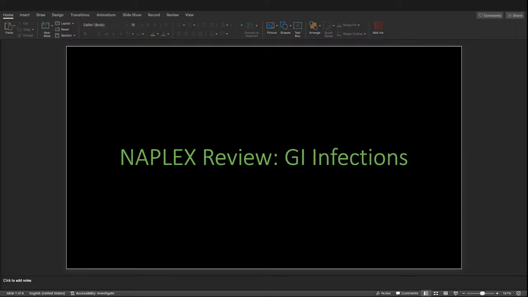Now, H. pylori is an infection that usually occurs in the stomach area and can cause really severe ulcers in the stomach.